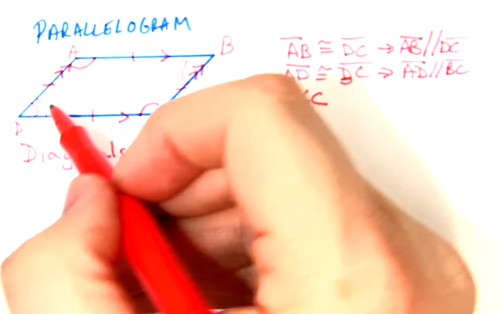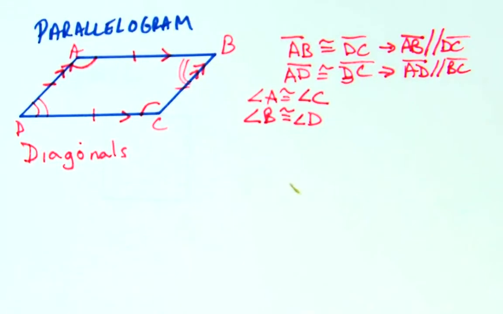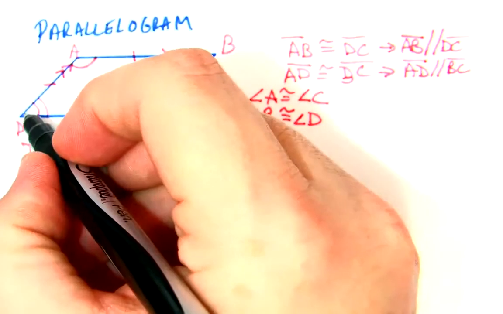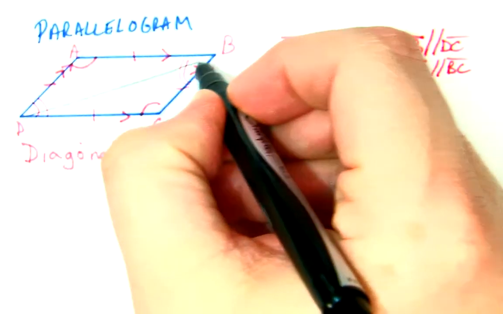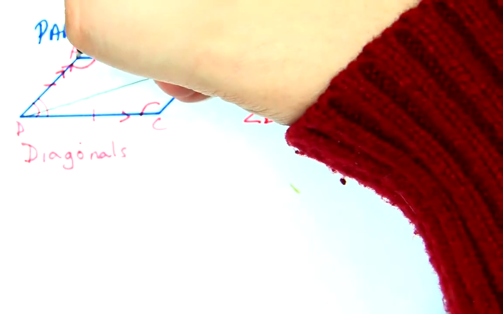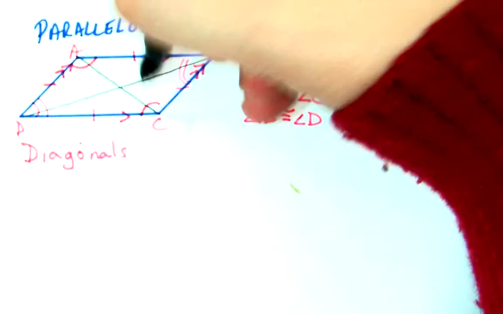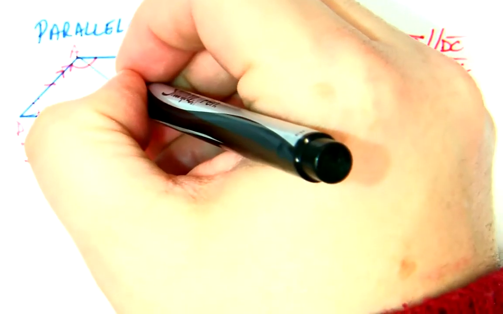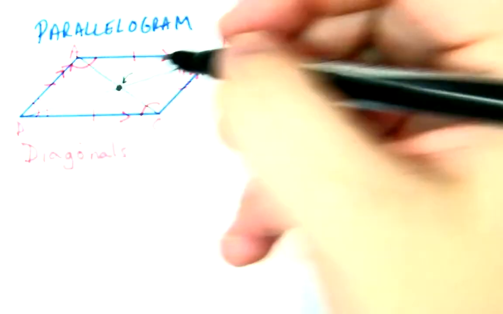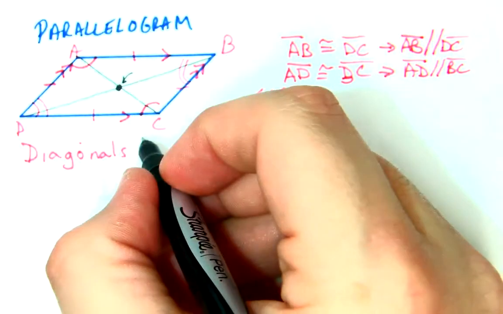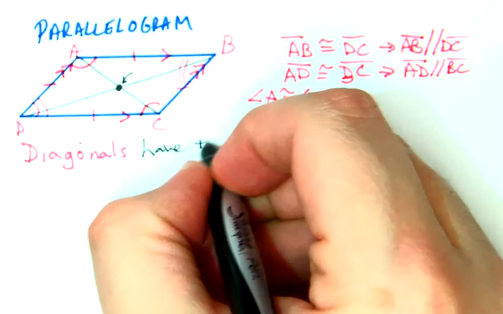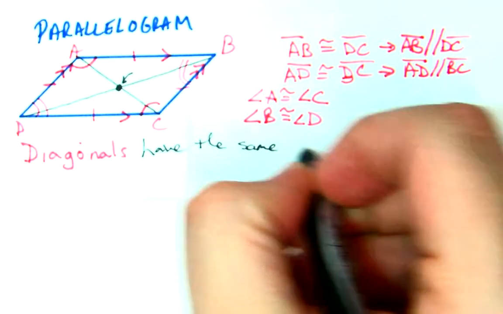And if we drew those in, I'm going to draw those in black. I don't have a straight edge, so I'm just going to do the best that I can. What's this point? Midpoints. So diagonals have the same midpoint.